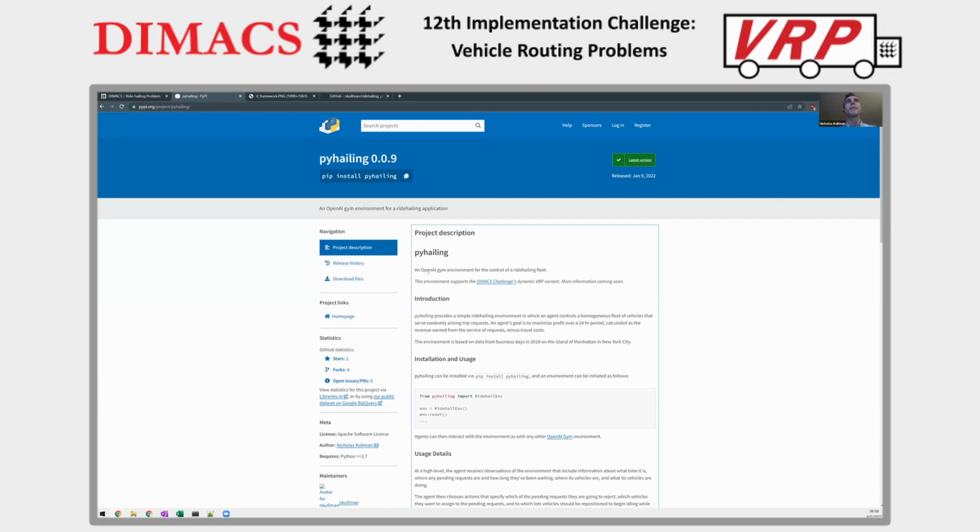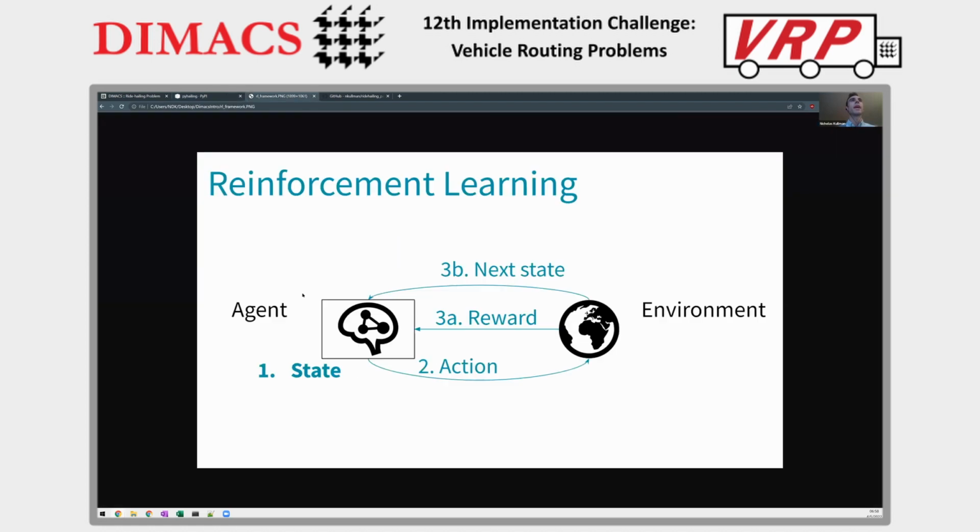We made this as an OpenAI gym environment. And what this means is that it's compatible with a lot of the reinforcement learning communities out there, right? So they tend to use this OpenAI gym that at a high level operates where you, the builder, are responsible for creating an agent.